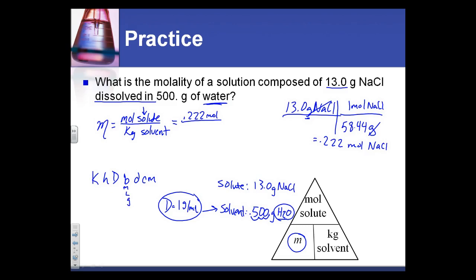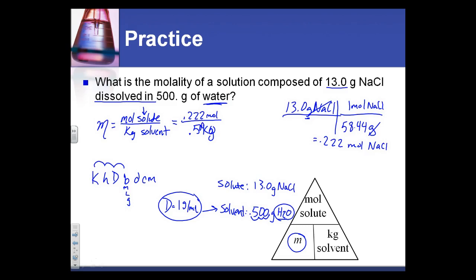I don't care what you have to do, just get it correct. So we're going from base unit to kilo there. So it's 0.5 kilograms of my solvent, which is water. That's why I put that zero there. I wanted to keep my sig figs.